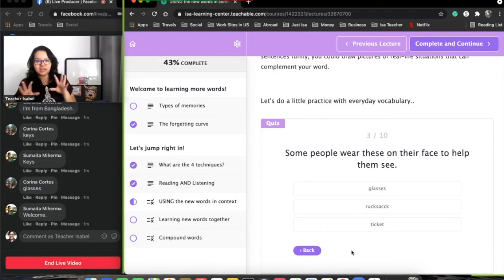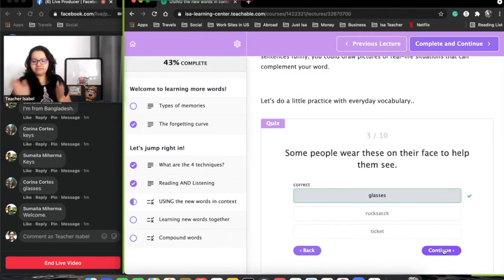Any other guesses? What do we wear on our face so that we can see? It's a little bit easy, and I'm kind of telling you as I'm wearing them on my face, so you have an image to put to this new vocabulary word. I got glasses. Let's see. Very good. Glasses.